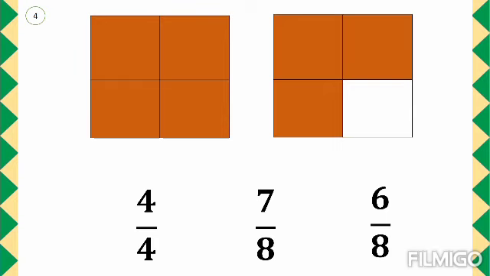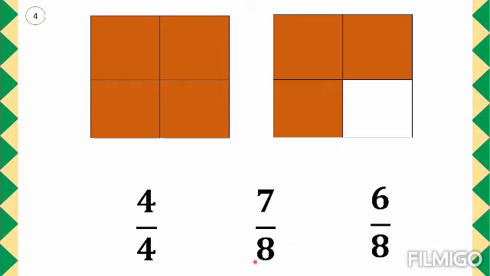The first thing we'll do is to count the total parts of the figure, and we'll do the same if we encounter two or three figures in one item. So first, we count all the parts. 1, 2, 3, 4, 5, 6, 7, 8. So, guys, the total parts of all these figures is 8.